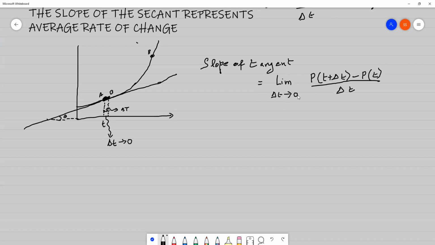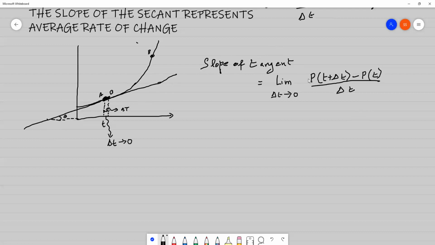So limit del T tends to 0 of P of T plus del T minus P of T, over del T, is the slope of the secant. Understand very carefully: when you apply this limit to the slope of the secant, it becomes the slope of the tangent. Because when B is here, the line becomes like this, but when B is brought close, the line becomes like a tangent.